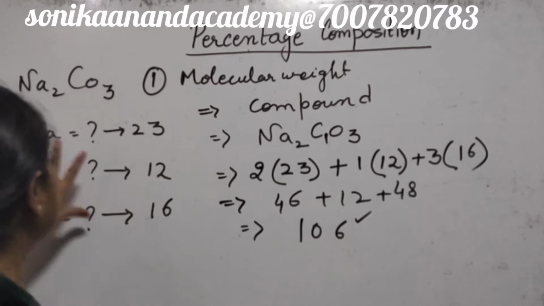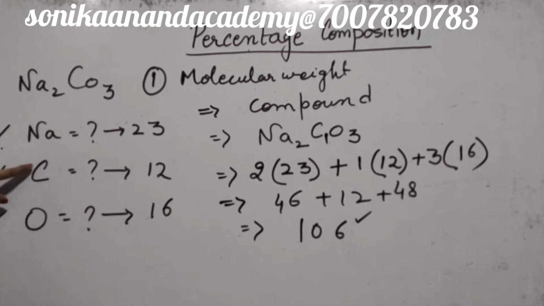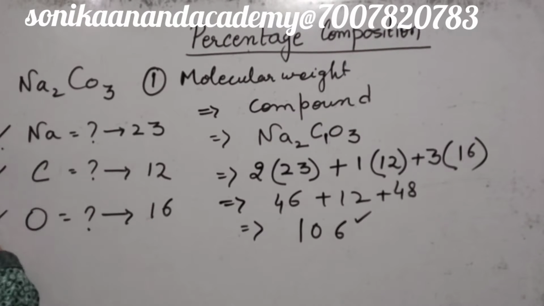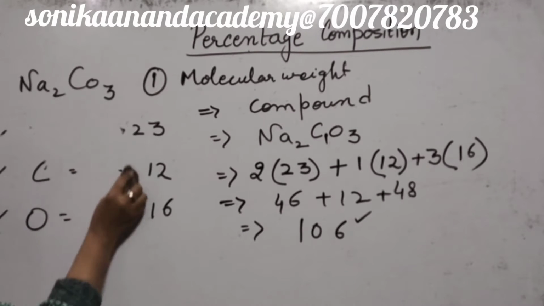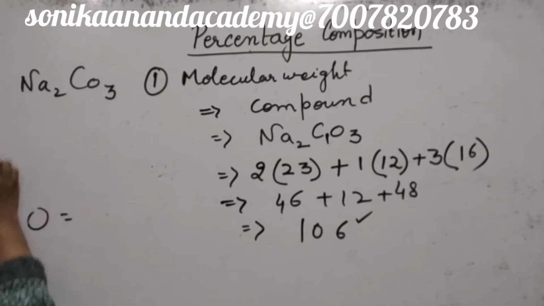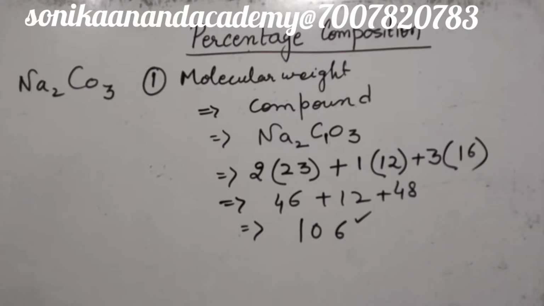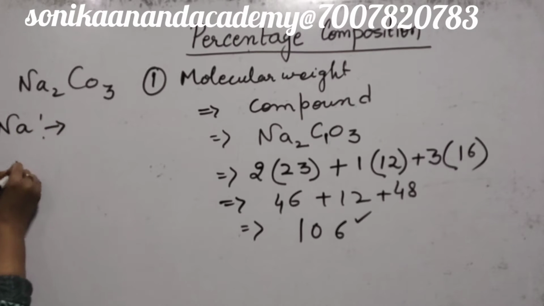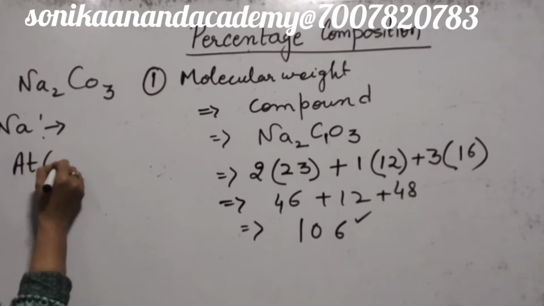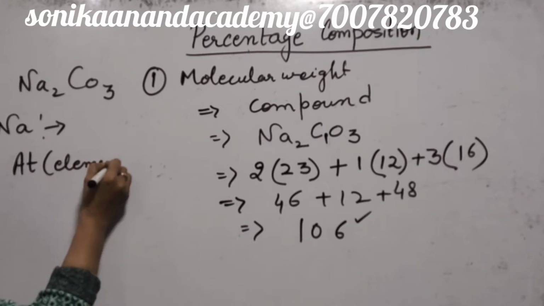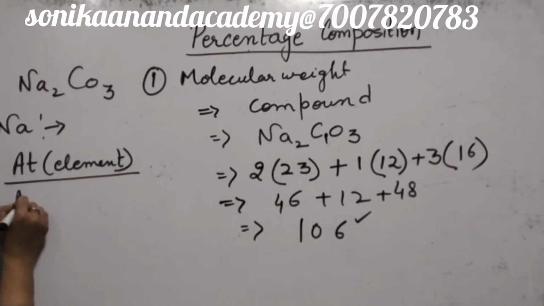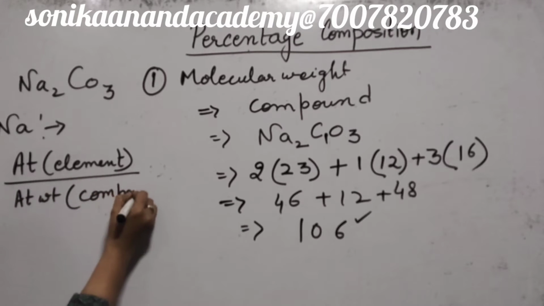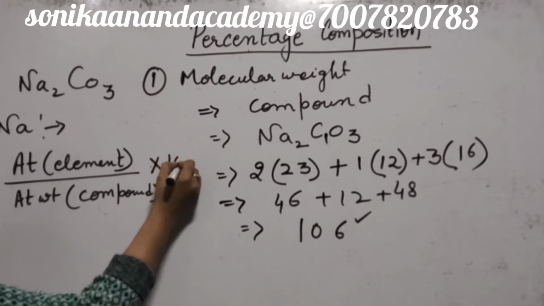Now we find separately the percentage composition of sodium, carbon and oxygen. Now just watch on the blackboard. Percentage composition of sodium is atomic weight of element upon atomic weight of given compound into 100.